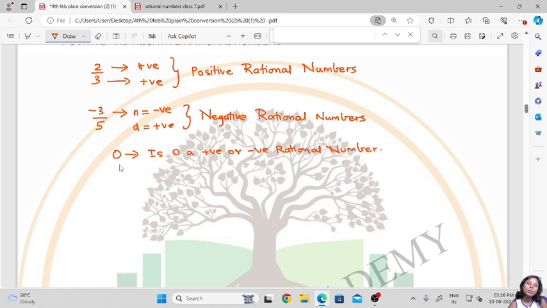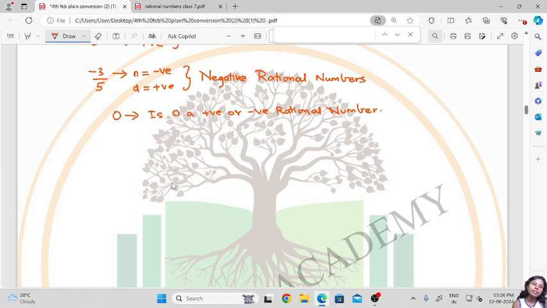Numbers like 0, we say they are neither positive rational numbers nor negative rational numbers.